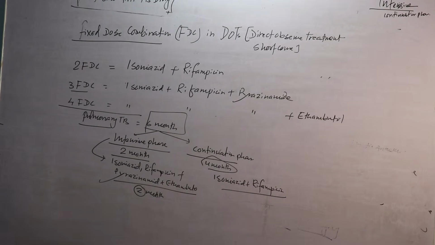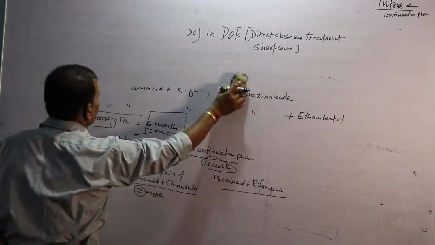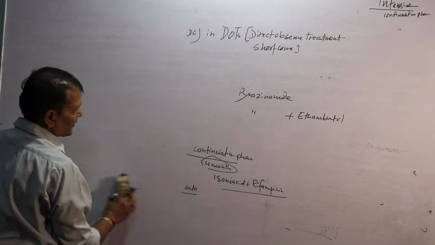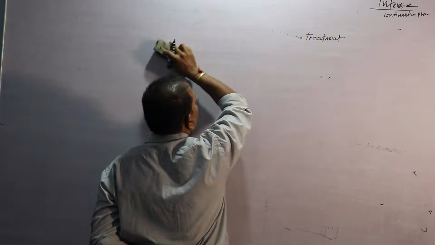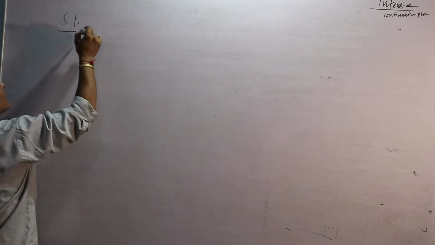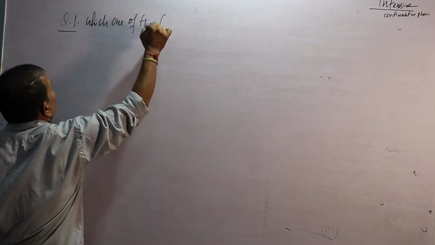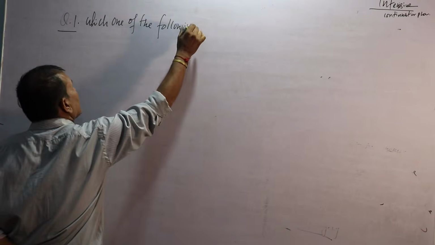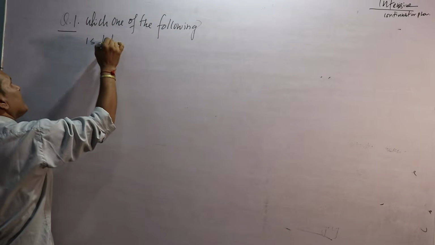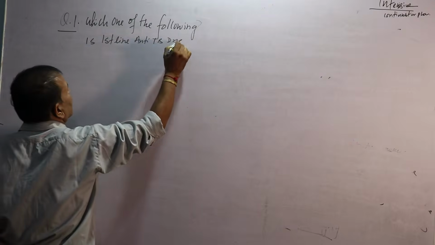So what are the possible questions commonly asked in competitive examinations? We now discuss the MCQs about the first line anti-TB drugs. Question number 1. Which one of the following is a first line anti-TB drug?